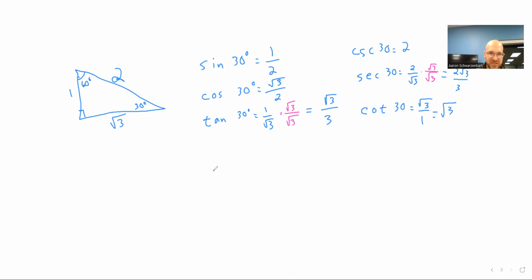We can also do these for 60. And I'm going to point out a connection here. Sine of 60. Square root of 3 over 2. Cosine of 60. Adjacent to the 60 is 1 over 2. Tangent of 60.